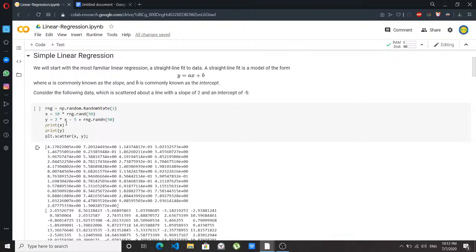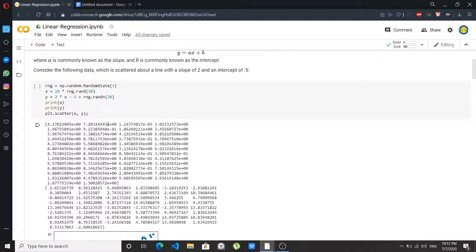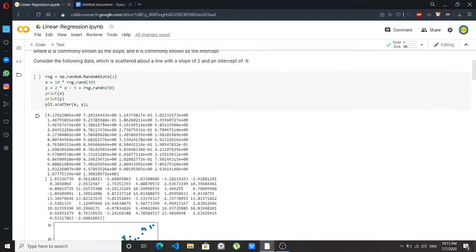We are using the value 2x minus 5, that is, a line of slope 2 with an intercept of minus 5, and we are adding some values between 0 and 1 so that we have some noise in the data. So we created two sets of values, x and y, and using this x we produce the 2x minus 5 values.